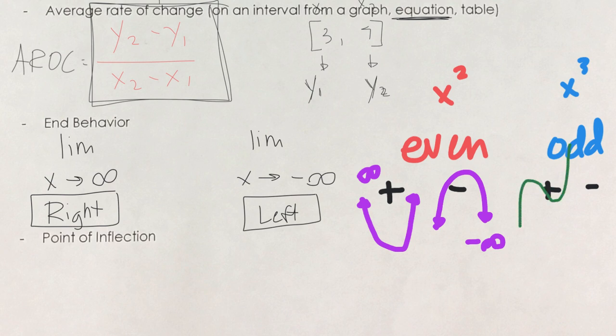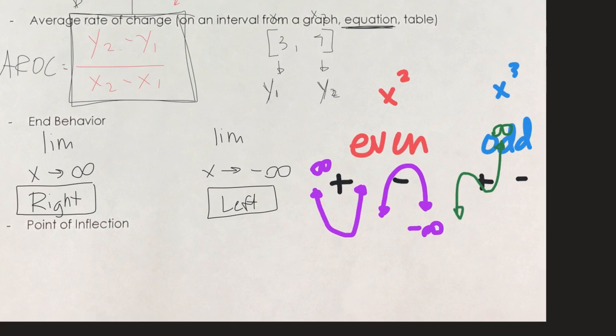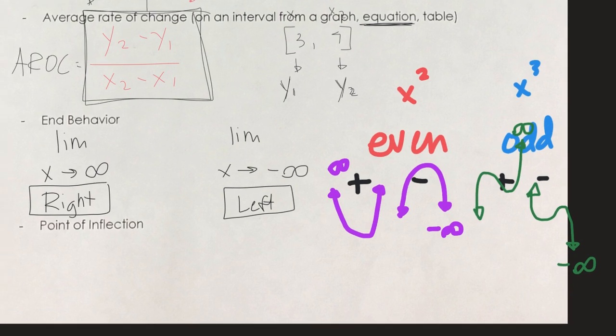So an odd function, if it's positive, the right side goes up to infinity and the left side goes down to negative infinity. And if it were a negative odd function, it did the opposite. The left side went up to infinity and the right side went down. So odd functions always do opposites. One goes up, one goes down. Even functions, they do the same thing. Both go up or both go down.